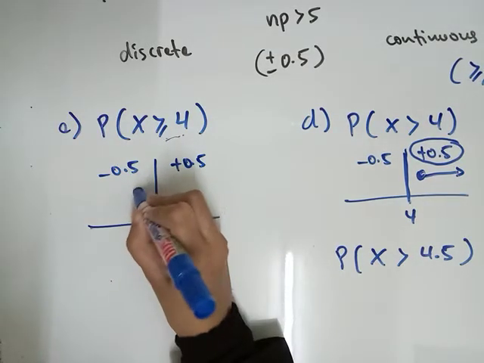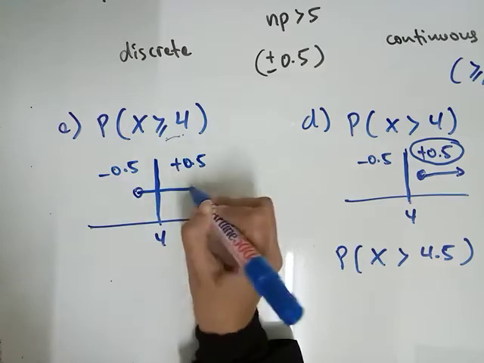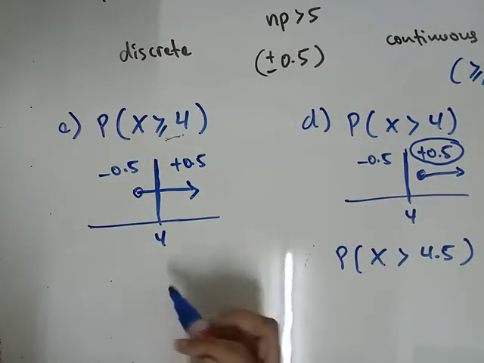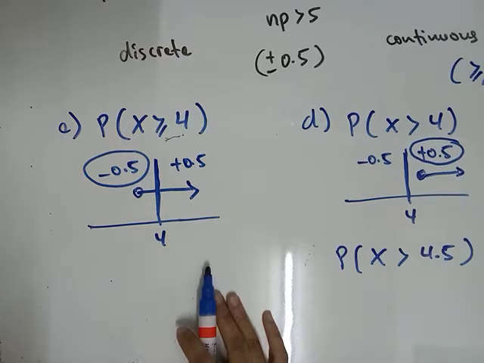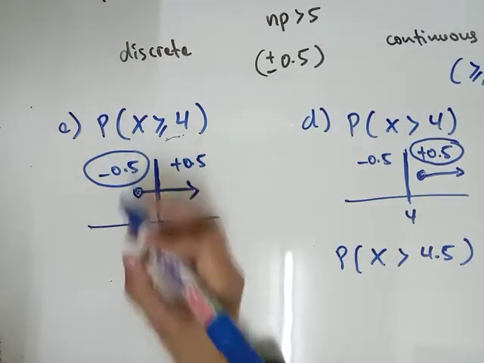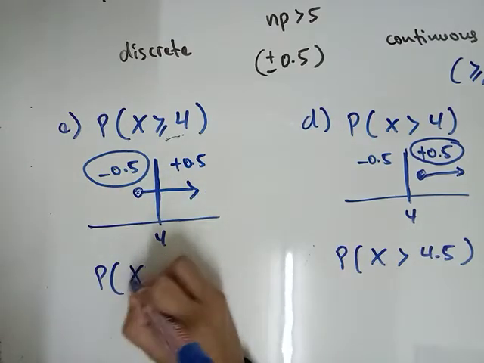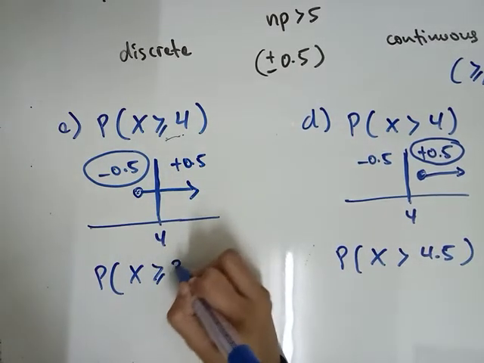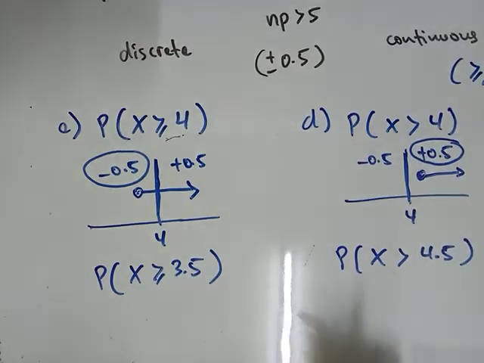Dia terkena pada palang 4 ni, dia include pada 4. Okay, that means kedudukan dia pada minus 0.5. Then 4 minus 0.5 is X more than or equal 3.5. This one, the new one, that you need to find the probability. Okay, this is for E.